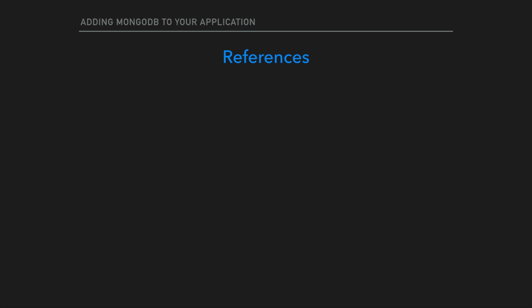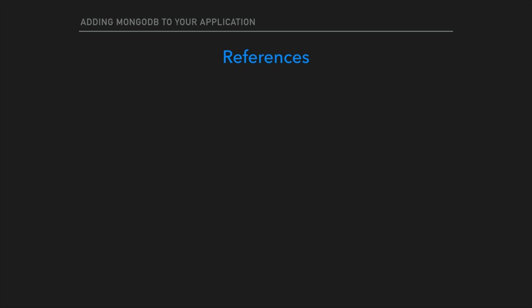The key is ref, R-E-F, and the value would be the collection for the document that you would like to reference. When doing this, you would add mongoose.objectID. So for example, if you have a collection titled users, and in the schema for that collection, you have a property called address, you might store that address in another collection as well called addresses.